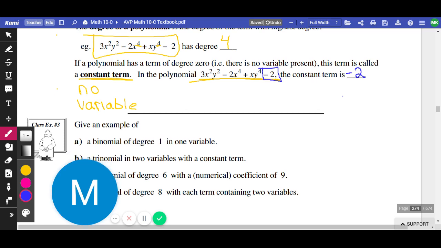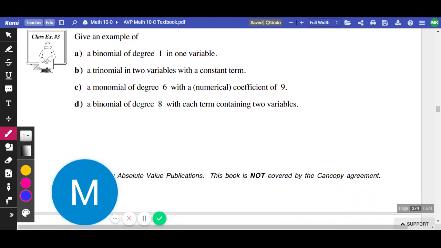Beautiful. Let's try to build a couple of these things. So we're going to give an example of a binomial of degree 1 in one variable. Binomial means 2 terms. Degree 1. That means highest exponent is a 1 with one variable.